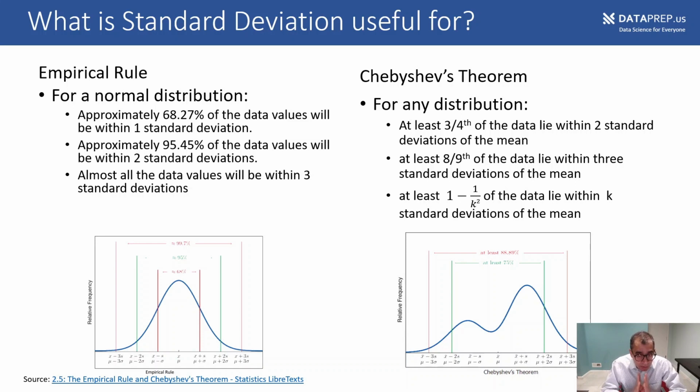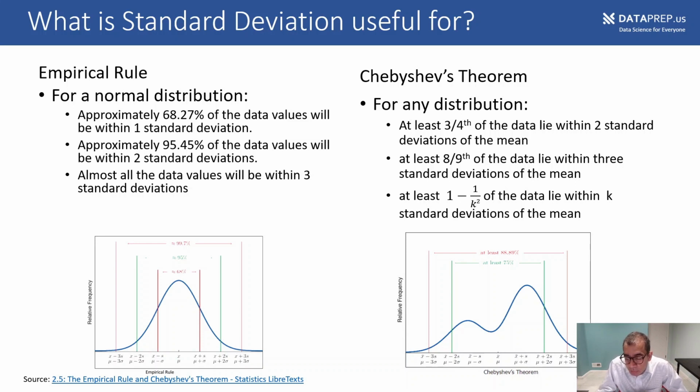Now imagine that is a really powerful thing to know. So if you know the standard deviation for the data, and if you know the mean, then you can do a plus minus 2 times standard deviations of the mean and be sure that 3/4 of your data lies within that range. And that gives you a lot of power. Now, that actually can be extended to other multiples of standard deviation as well.